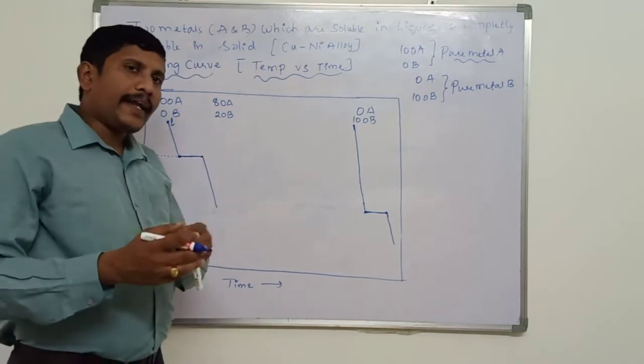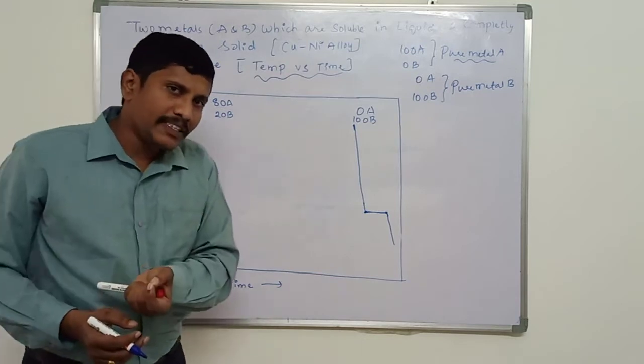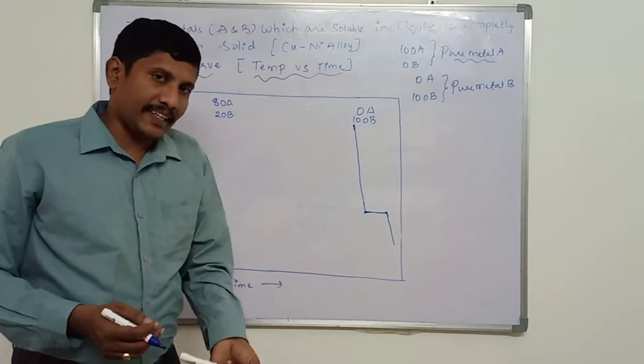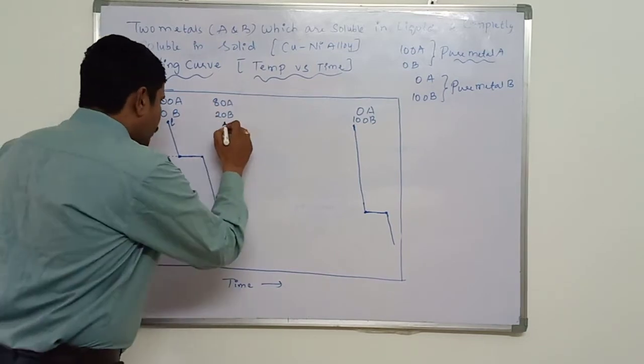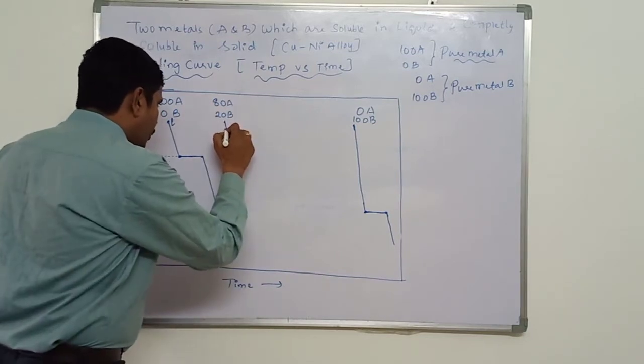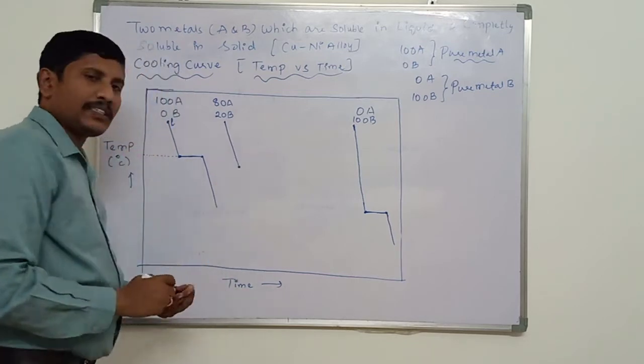When you add an alloying element to the pure metal, either the freezing temperature will decrease or increase, right? So when you are adding the alloying element to A, now I am doing equilibrium cooling from the molten state. Now the solidification will start at this temperature.